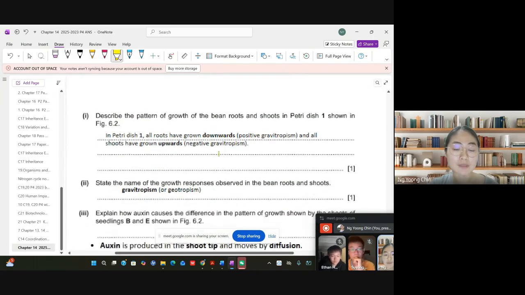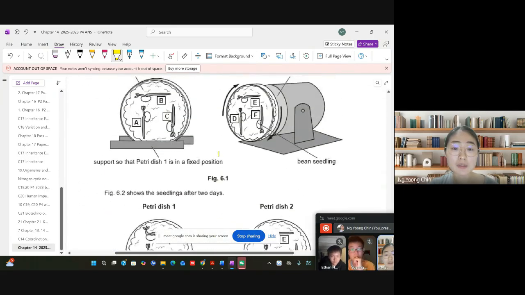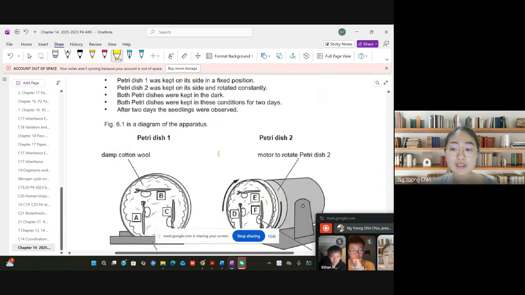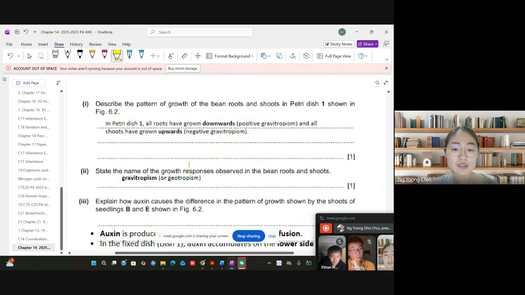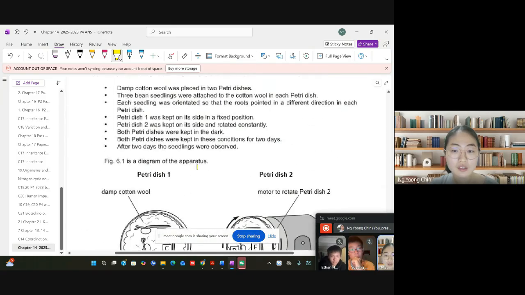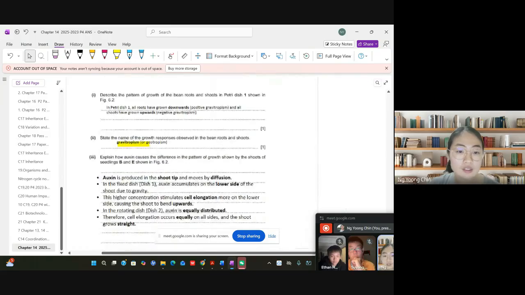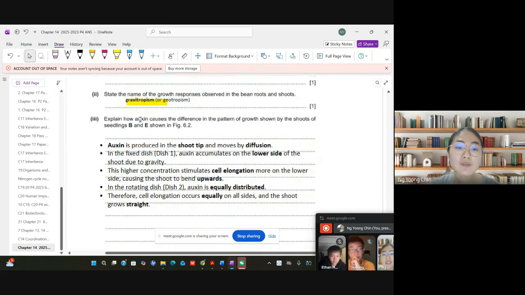Okay, this is also the same thing. This asking about this one. Okay, the plants, right? And then showing about what? Gravitropism. Okay, explain how the auxins is different in the pattern of growth shown by B and E, shown in the diagrams.